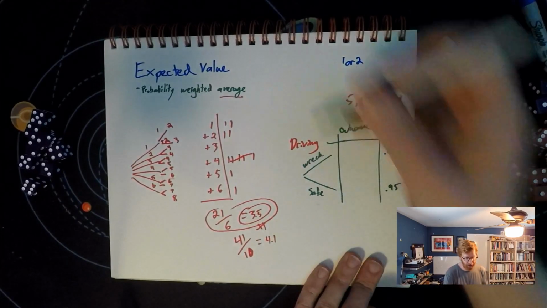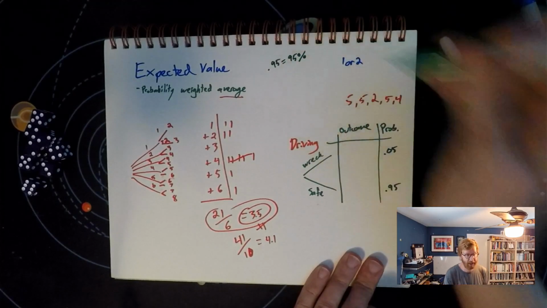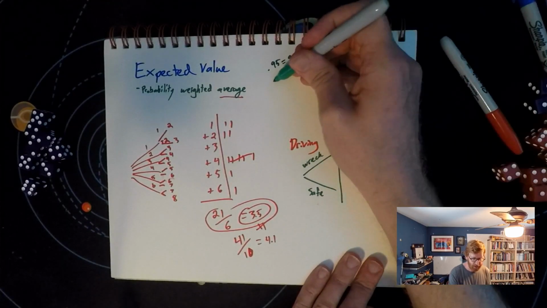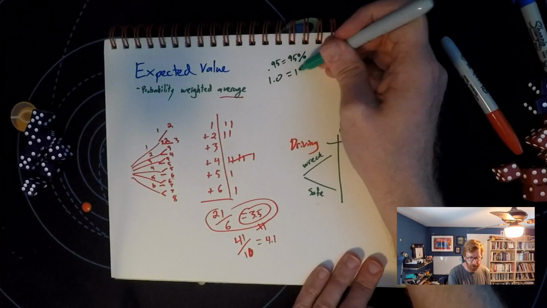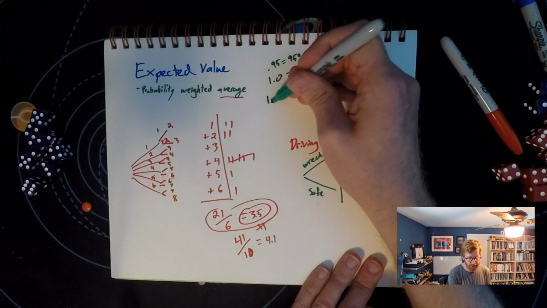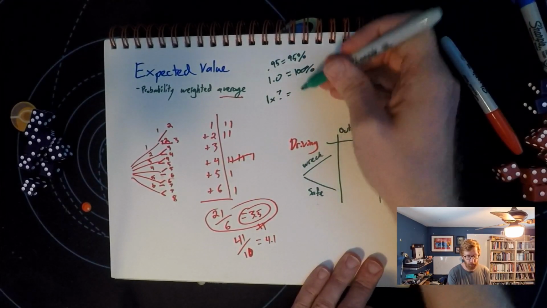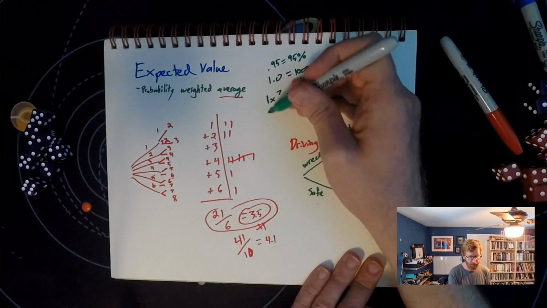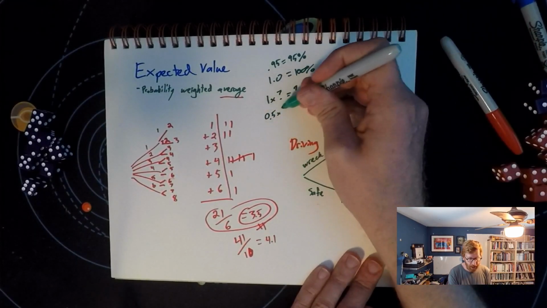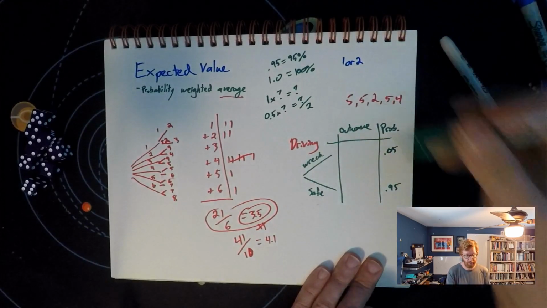Now, really quick digression, 0.95, this is the same as 95%. What this means is, if we have, say, 1.0, that's 100%, and we want to know some outcome, it's a lot easier to say 1 times whatever outcome equals whatever that outcome is. And it's easy to say 0.5 times that outcome is 1/2 of that outcome.